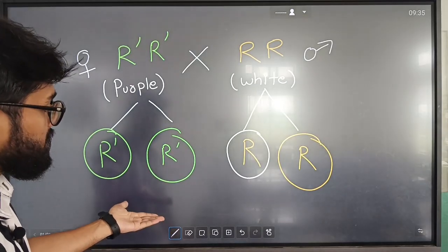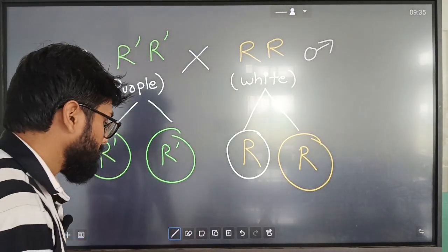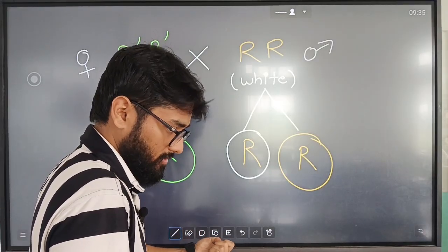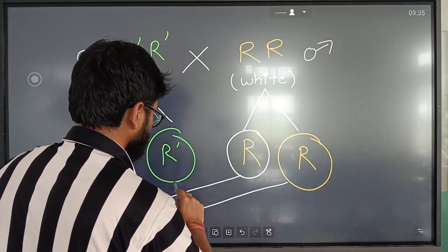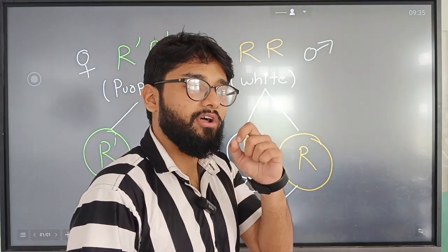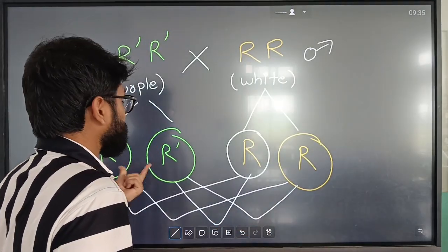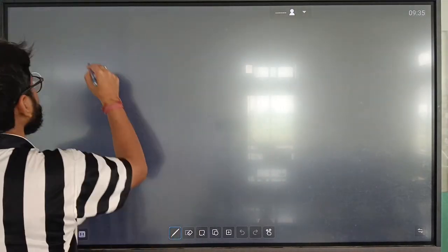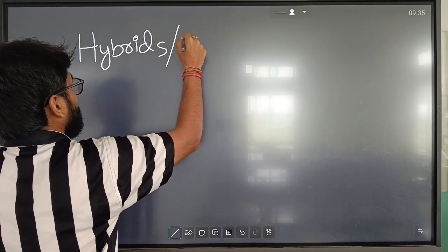And as I have told, in a homozygous situation we don't get a different type of gamete, they create the same type of gamete. Now by the law of segregation and independent assortment, each and every one gets a probability of recombining or fusing with the other one, creating what we call hybrids or F1s.